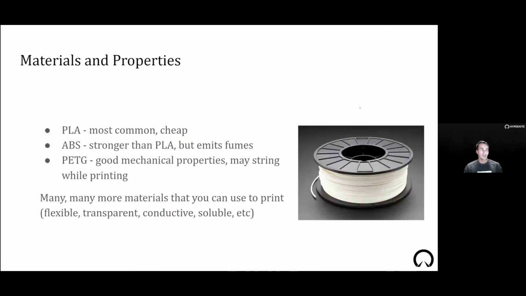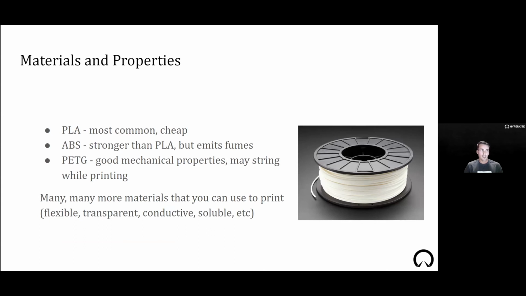And then another important consideration is the materials and properties. There are lots of 3D printing filaments out there. It is plastic, and so there are lots of plastics out there. PLA is going to be the most common. It's the cheapest, and you can usually get away with a majority of structural builds by just having a high infill density with PLA. Next is ABS.